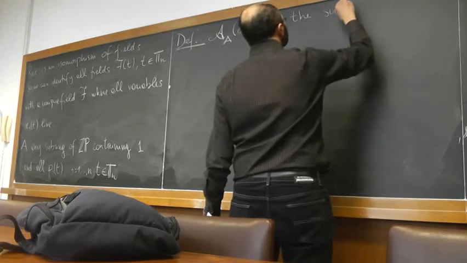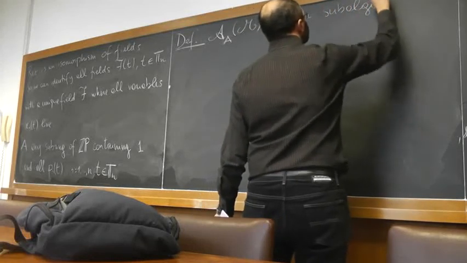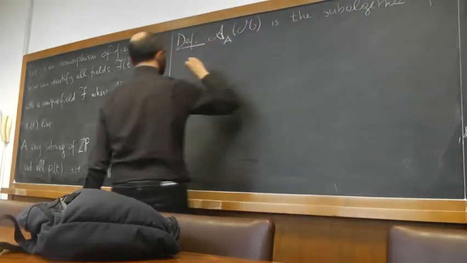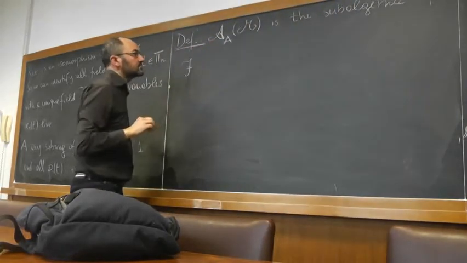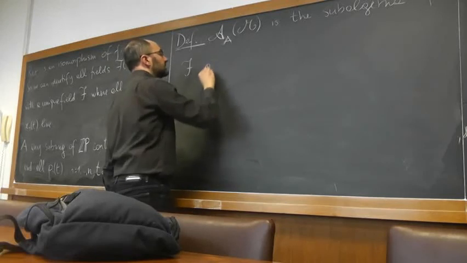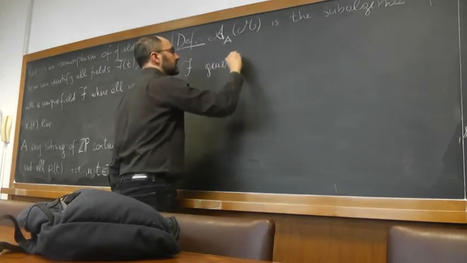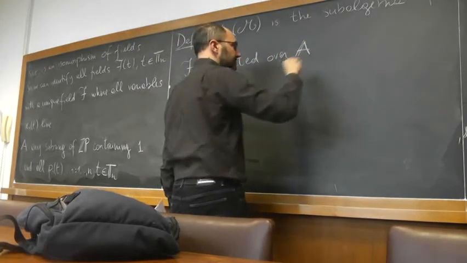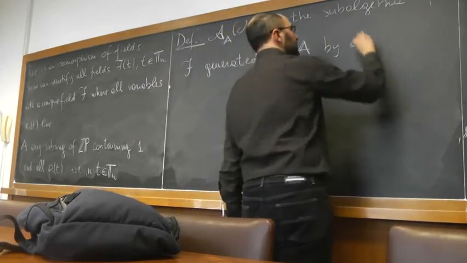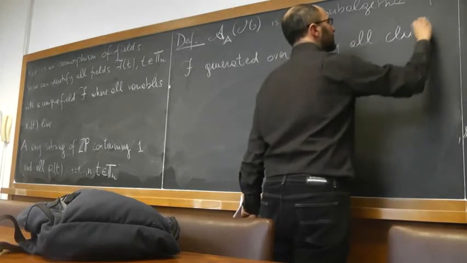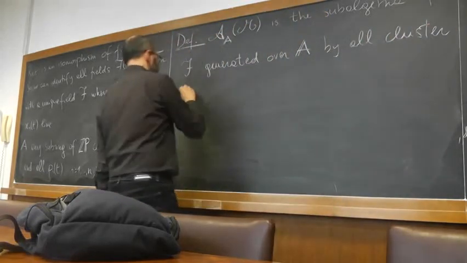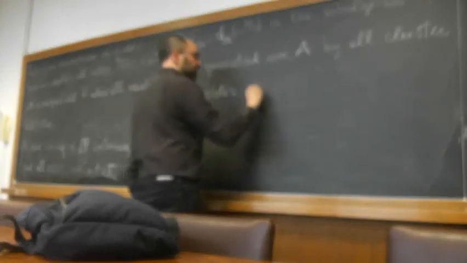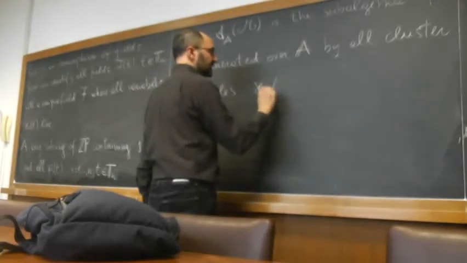The algebra A_M is the subalgebra of F generated over A by all cluster variables x_i.